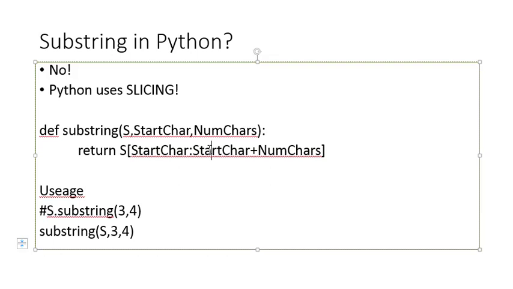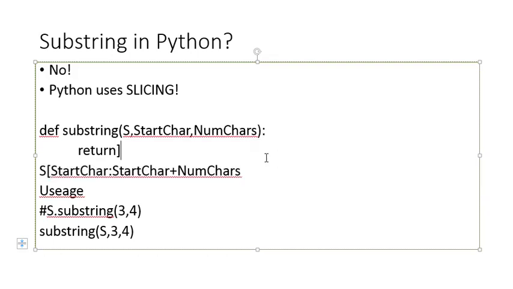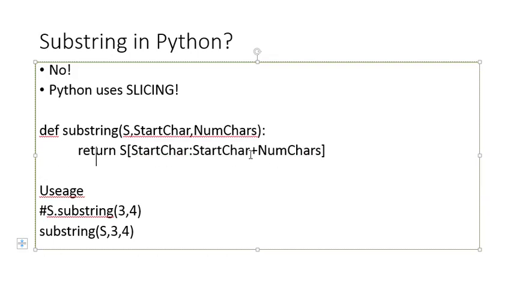I simply add that same value onto that. Notice that I have to have indenting over here, and once I have my substring defined as a function, I can simply use it by going substring s, 3, 4, which, if s is equal to computer, will give me the value of put, P-U-T-E.